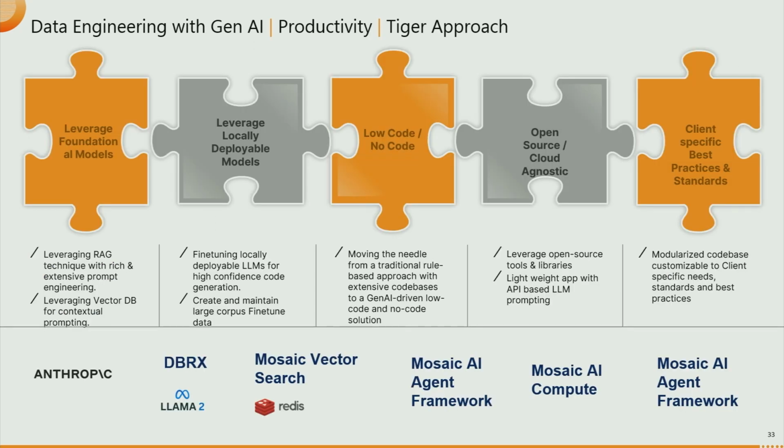So the approach that we have taken to building each of these capabilities is that we have leveraged foundational models wherever we can, and leveraged locally deployable models where cost considerations come into play, where there's a large volume of data to be profiled and processed.